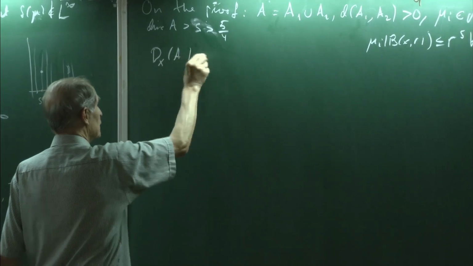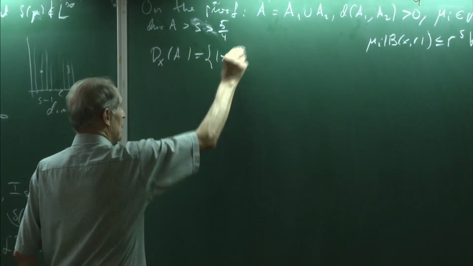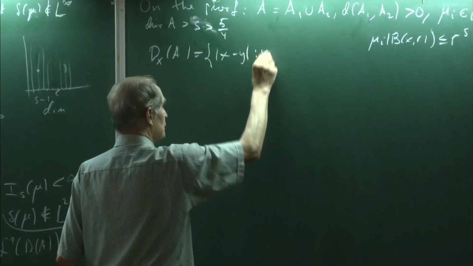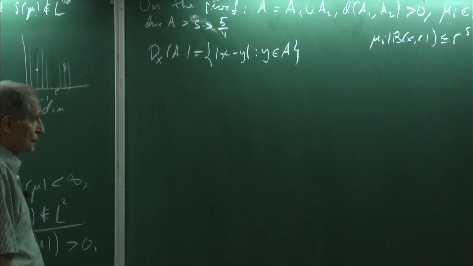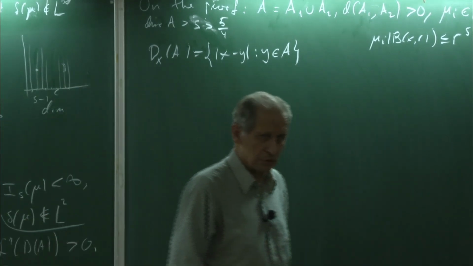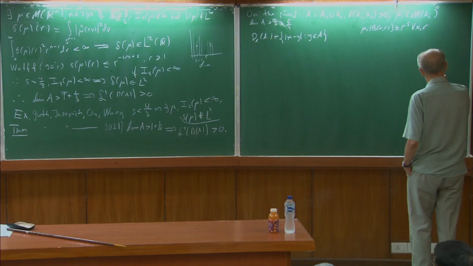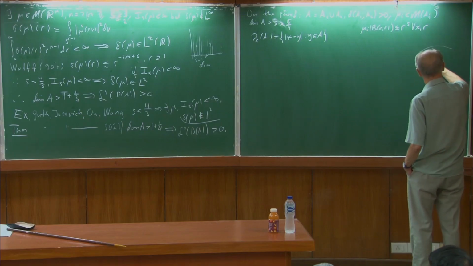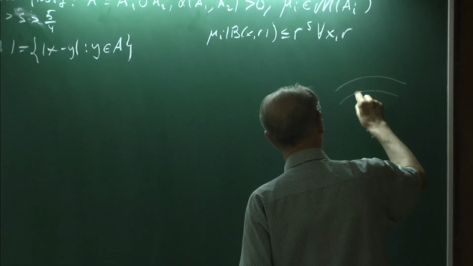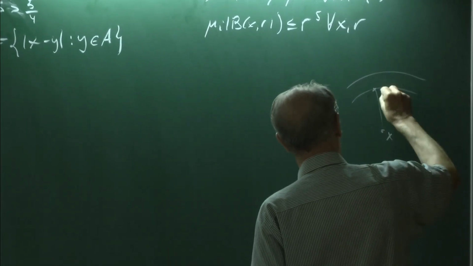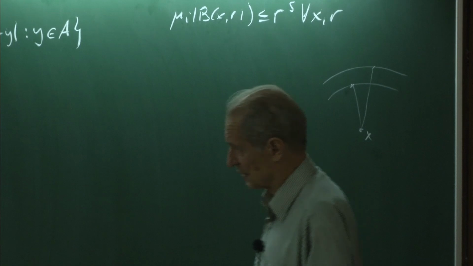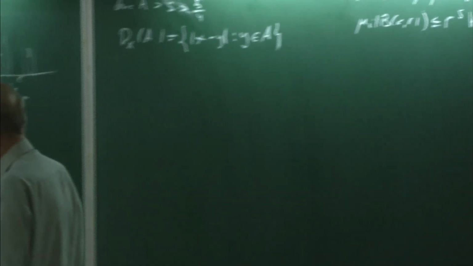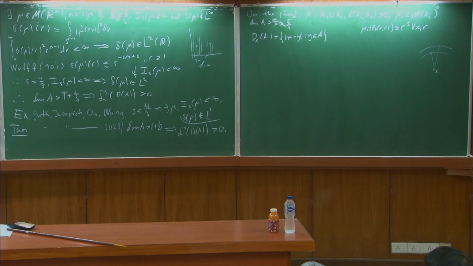D_x(A) is the set of all distances when x is fixed, and then you consider y in A. So it's kind of a projection, because you take x here, and then you, in a way, project with circles, and these radii give the members in this distance set. But these projection methods that are used for linear projections, they don't really work for that kind of projections.